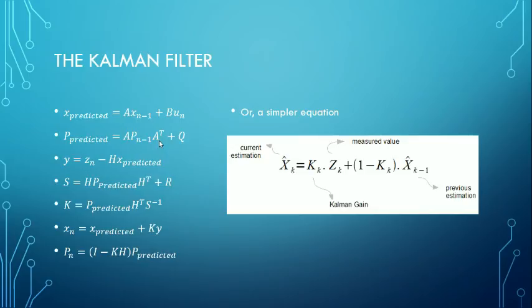And so let's think of extremes. Say that the Kalman gain was 0. If the Kalman gain was 0, that means that we ignore measurement data and we just use the previous estimation, or we use the mathematical model. So when would we only want to use mathematical model data? Well, say that we had data dropout. Say that we had no measured data, or our measured data was so off the wall that it obviously had to be wrong.